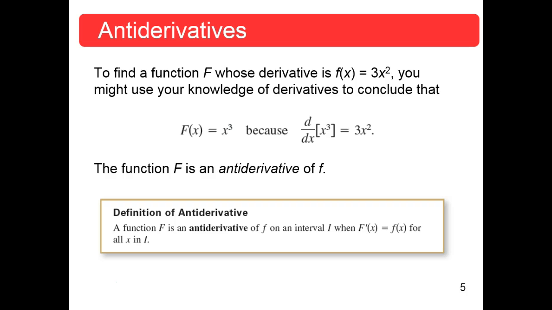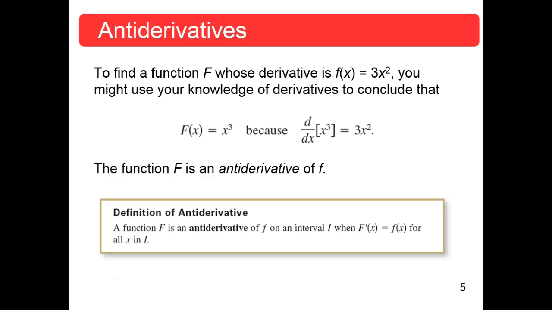I think you could right off the top, couldn't you? What would be the function capital F? X cubed, exactly. So capital F would be x cubed because the derivative of x cubed is 3x squared.